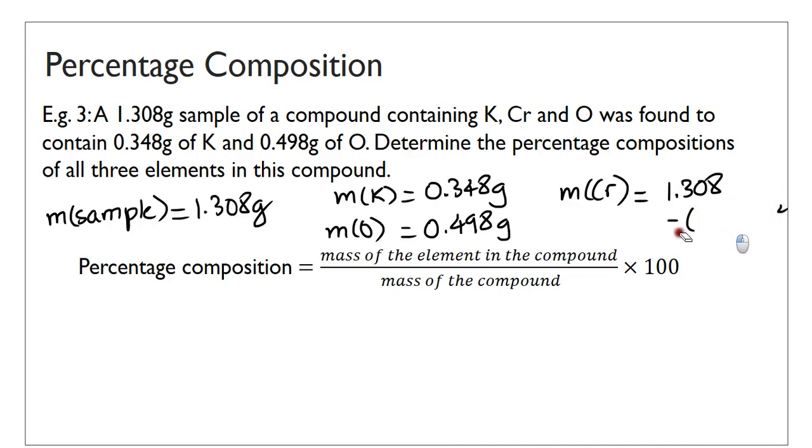So I could do that. I ran out of space over there. Or you can find the percentage composition of potassium and oxygen and subtract that from 100, because once again there are only 3 elements present, so the sum of all the percentage compositions should add up to 100. So I think I'm going to go with the second method.